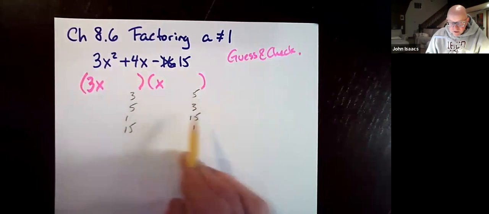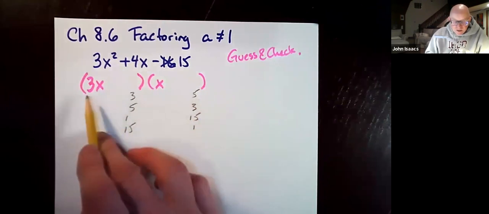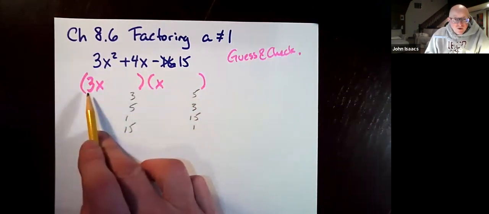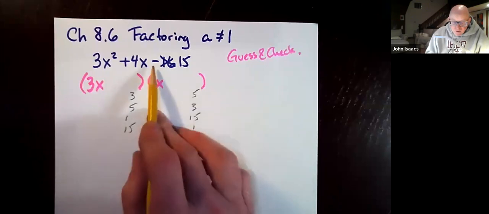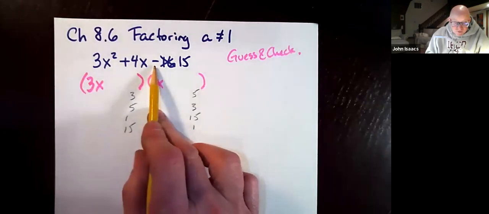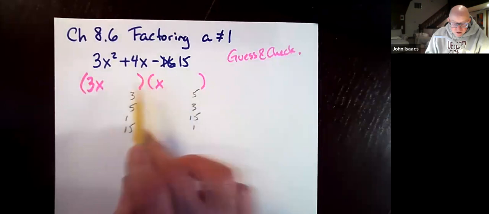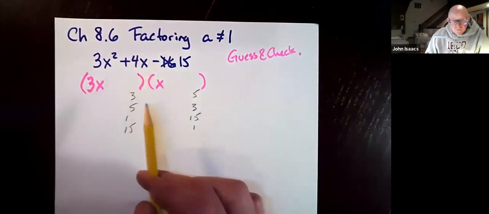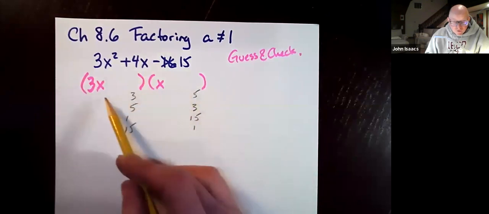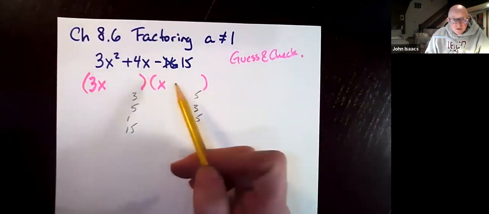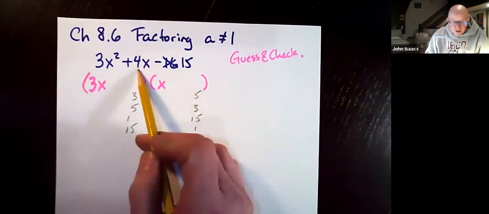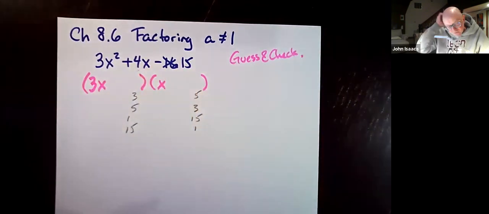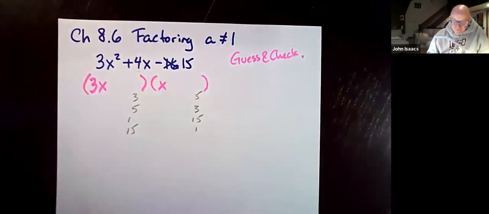Notice I'm putting them in opposite positions because it matters where the 3 is in comparison with those. Also we have a minus sign here, which means we're going to have two different signs, and our outers and inners in FOIL are going to be subtracted from one another to get positive 4x. So now we just guess and check.